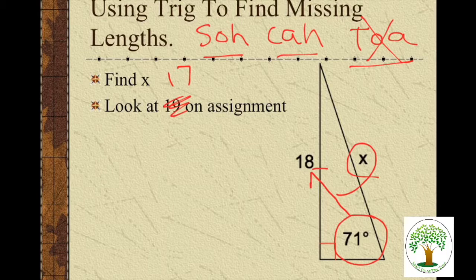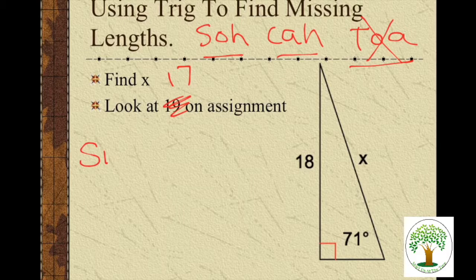Is it cosine? Because we got the opposite and the hypotenuse. Which one is opposite and hypotenuse? It's sine. So we're going to use sine. I'm going to write the word sine.